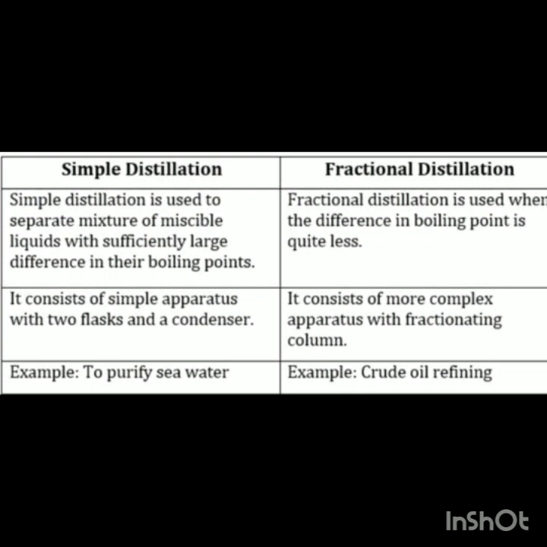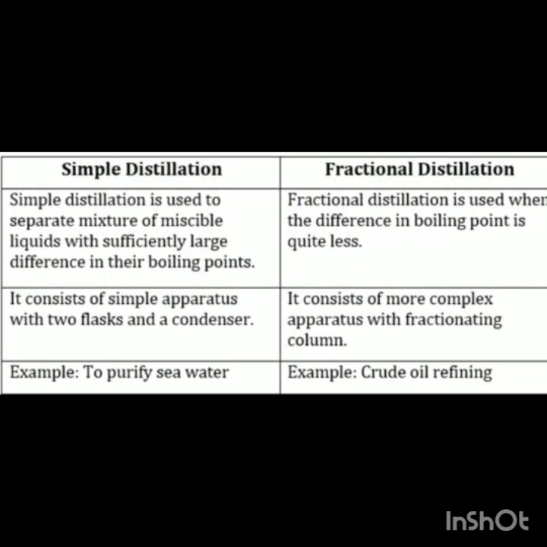Next, we have the difference between simple distillation and fractional distillation. The main difference between the two is that miscible liquids having a sufficiently large difference in their boiling points can be separated by using the simple distillation process. But if the difference in the boiling points of miscible liquids is less than 25 Kelvin, we have to use fractional distillation.